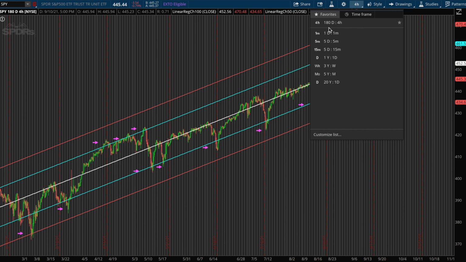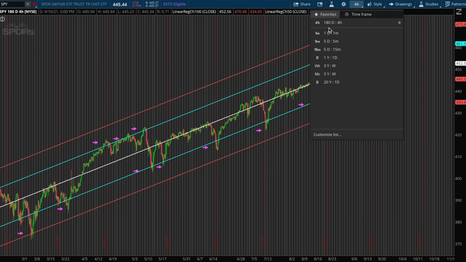If you wanted to assess the market in a wide time zone to take into consideration, say, recessions and huge market downtrends, you can increase the time frame for your charts.